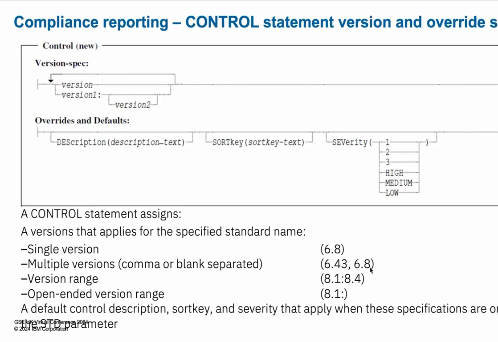They're specified just by listing the versions. You can have version range, starting from 8.1, ending with 8.4, and you can use an open-ended range. So if something has not changed, if a control is applicable to all the different version revisions, normally we leave it in an open-end version range.